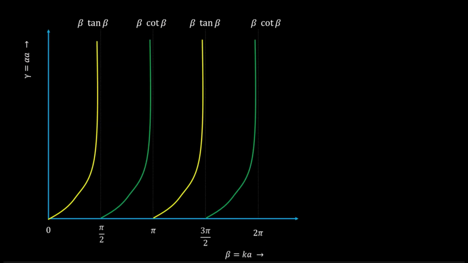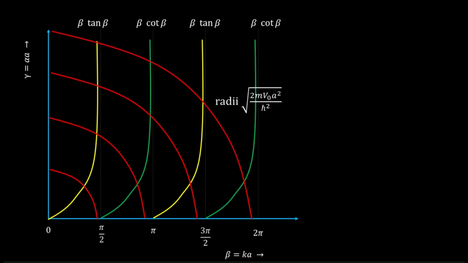Now this is how it looks if you plot the functions beta tan beta and beta cot beta in the beta gamma plane. Now let's draw circles of radii square root of 2m v0 a square by h cross square for different values of v0 a square. You can see that these circles intercept the other curves at certain points.